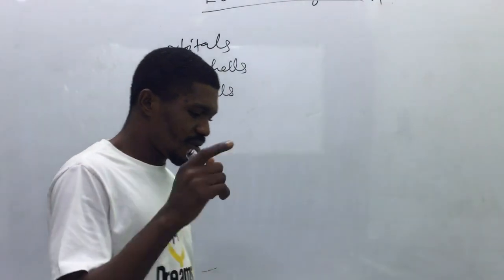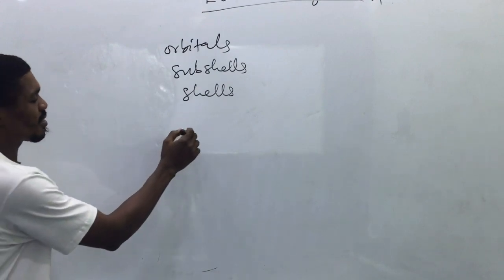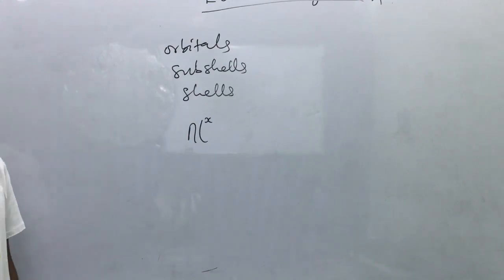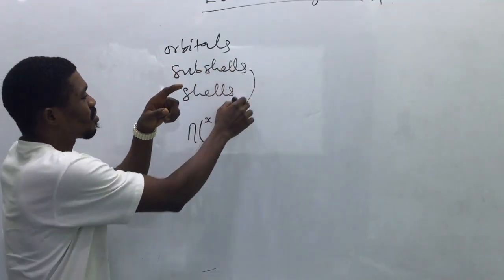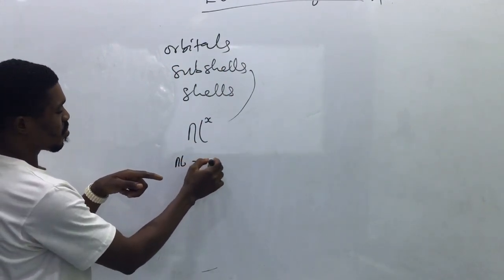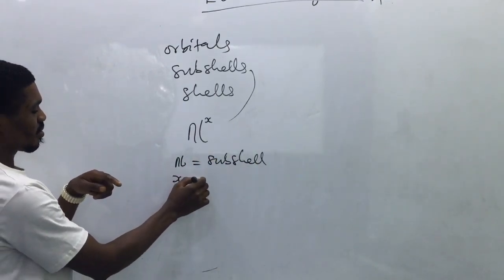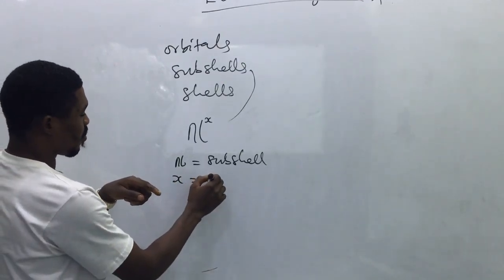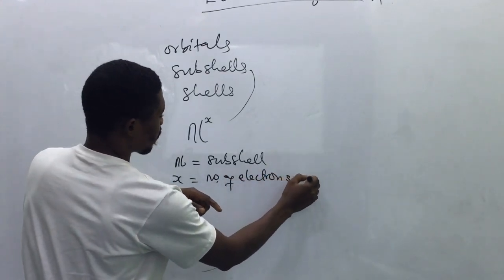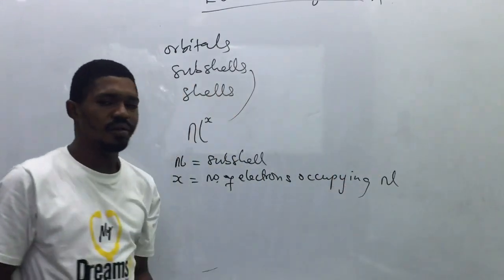Now, the notation for electronic configuration is N L raised to power X. Here NL stands for the subshell, and X stands for the number of electrons occupying the subshell NL.